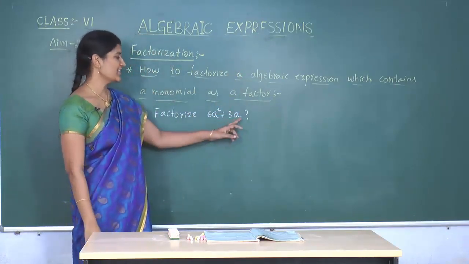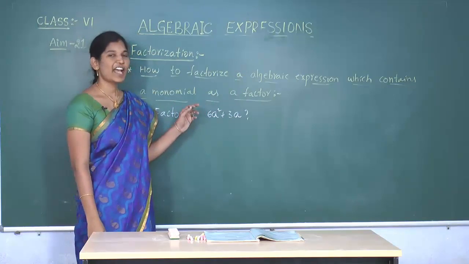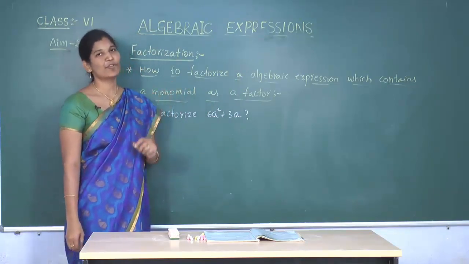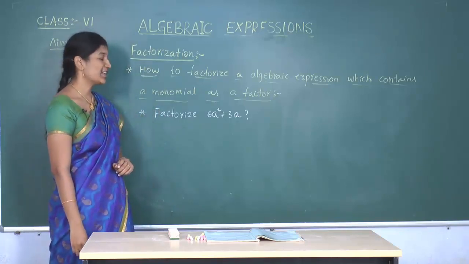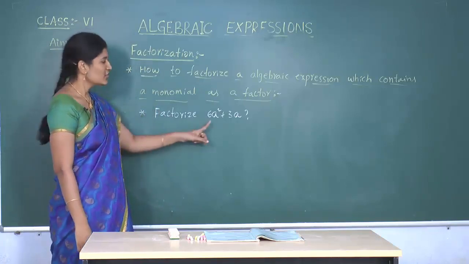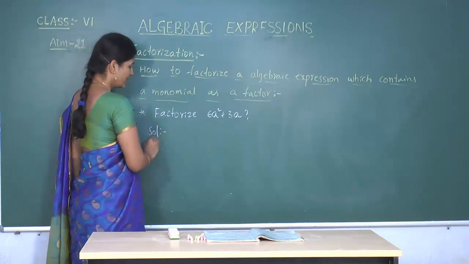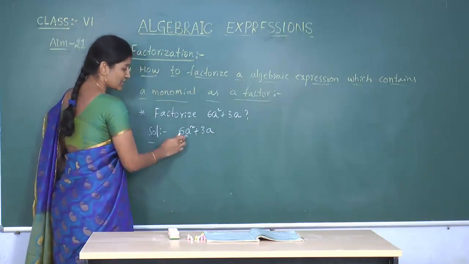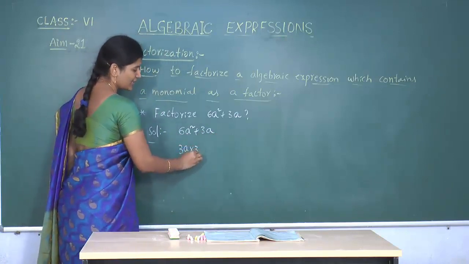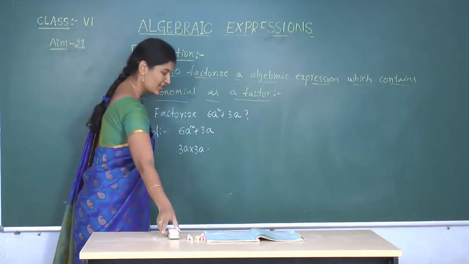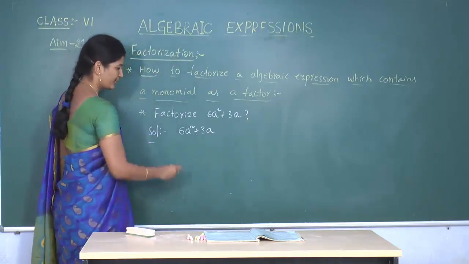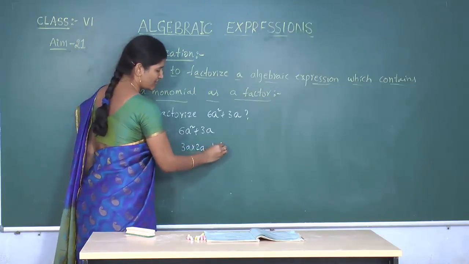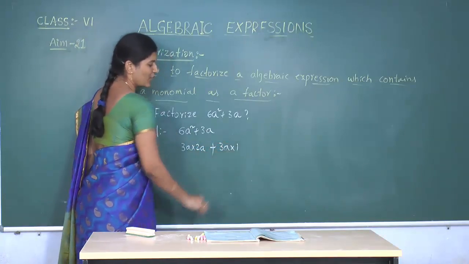If you observe here, we have a monomial as a common factor. What is that monomial? Yes, absolutely right, that is 3a. Let me solve this one. 6a square plus 3a. 6a square we can write as 3a into 2a, plus 3a we can write as 3a into 1.